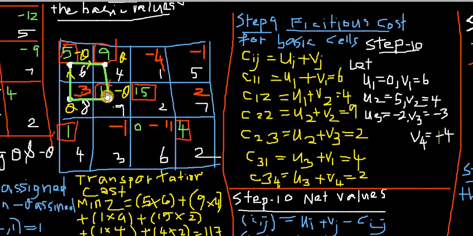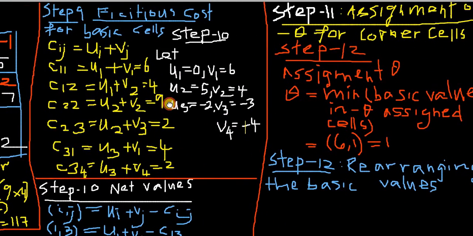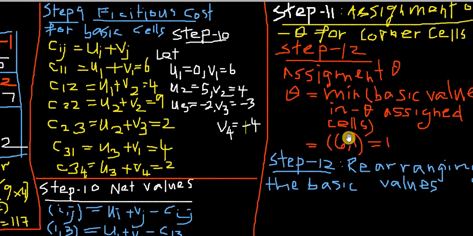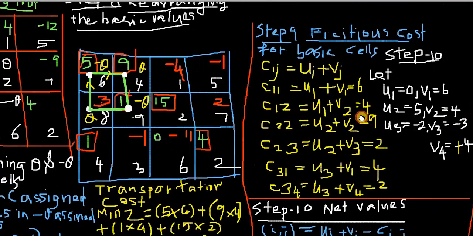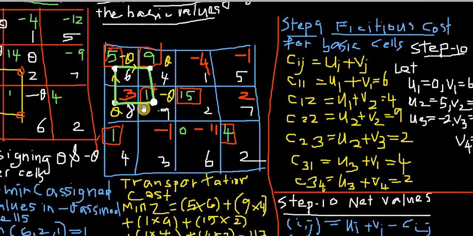Among these the minimum is 1. So the least value is 1, and that value we have to give here. Theta is equal to 1. Here, minus 1.